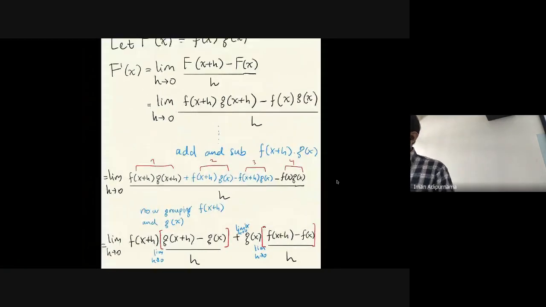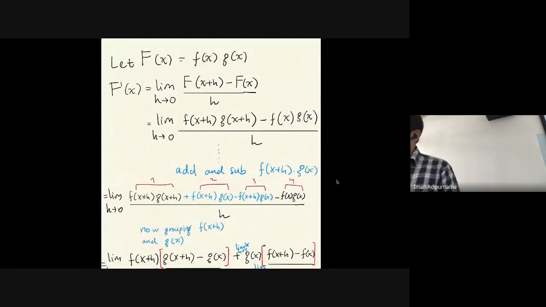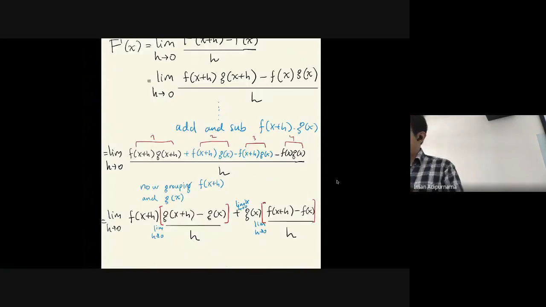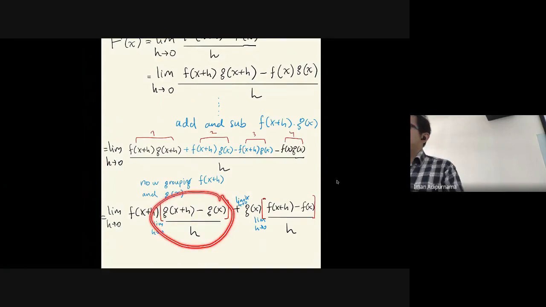Remember our definition of limit. Here is the definition. If we have f prime as our derivative, the definition is here, right? See this form, the limit form here, f(x+h) minus f(x) over h, right? And see this form, and see this form.